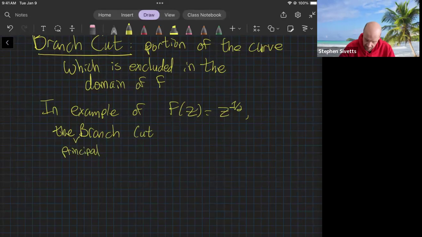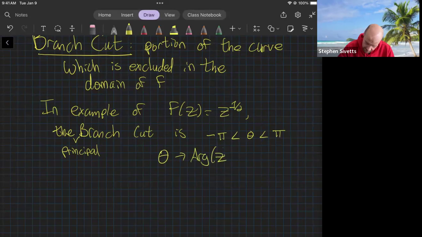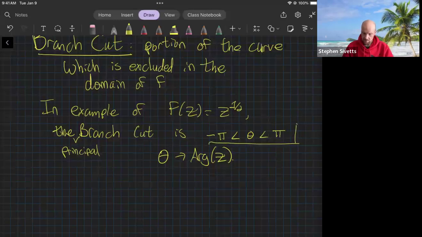The set defined branch cut is where theta is in between minus pi and pi. Theta is the principal argument of z. Okay, so this here is what's called a branch cut.